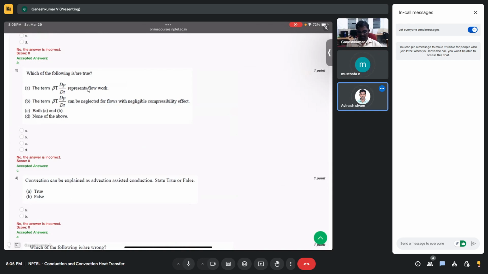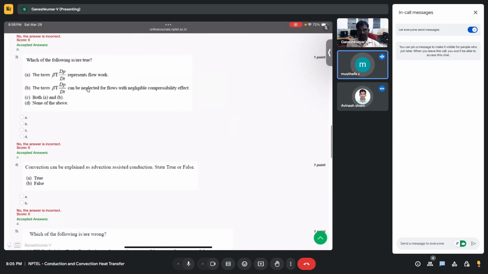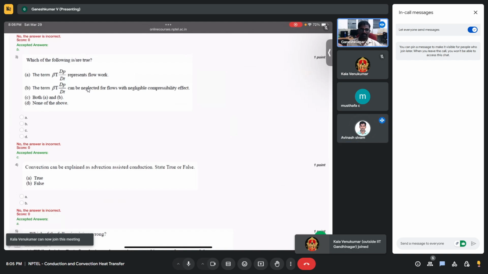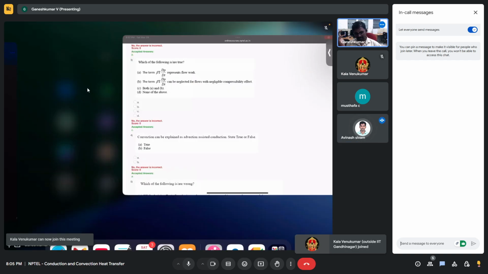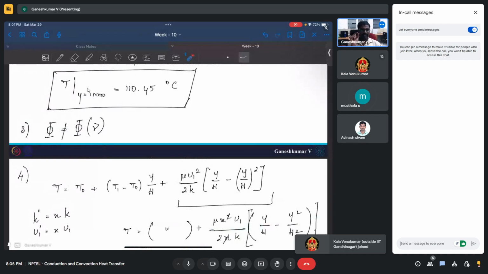PDV is the flow work, and if you expand dp by dt, there will be a flow PDV in it.